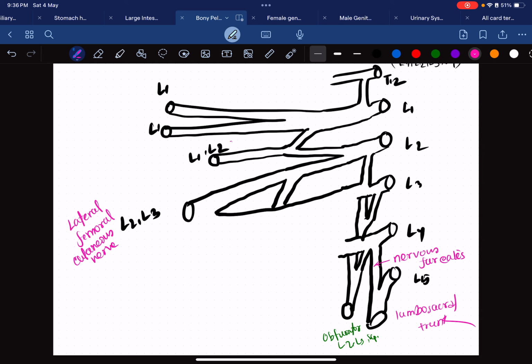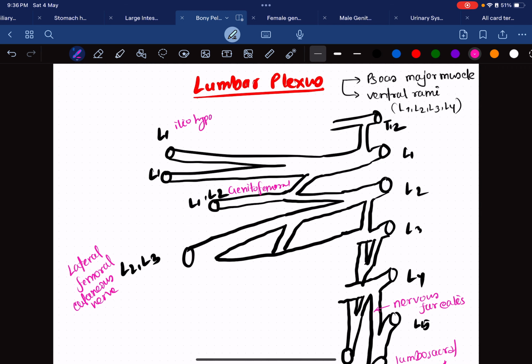This is the genitofemoral. It's iliohypogastric. This is the ilioinguinal.